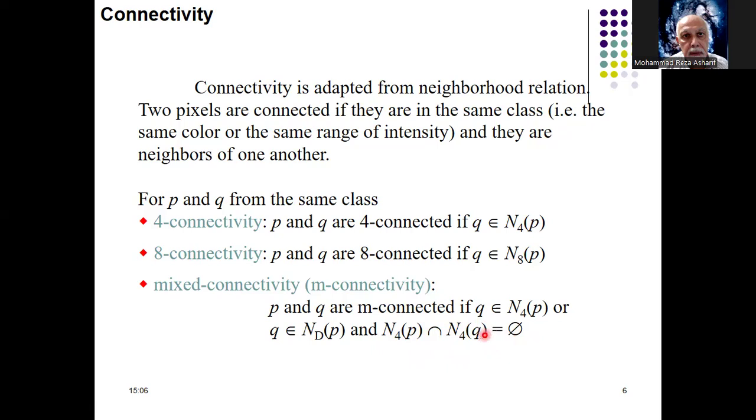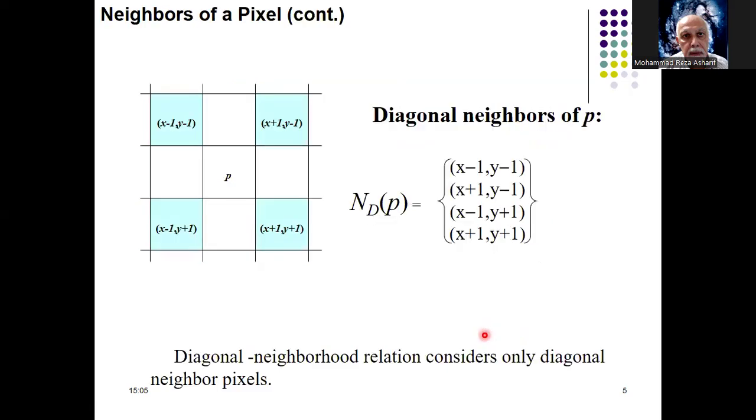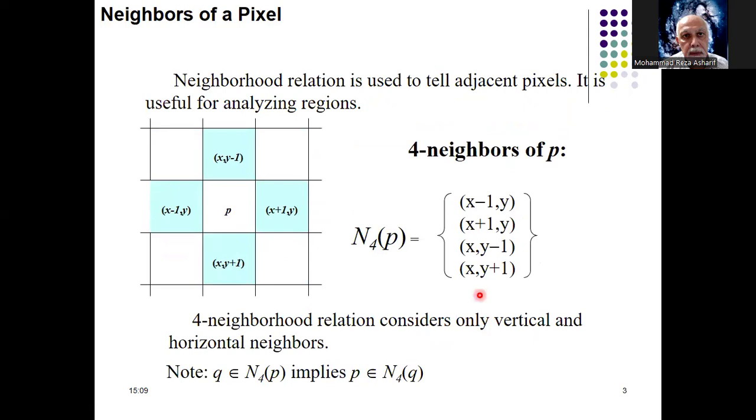Let me show this, N4(P) and N4(Q). For instance, here N4(P) is this one, and N4(Q) is this. If this is Q, then N4(Q) is different from N4(P).